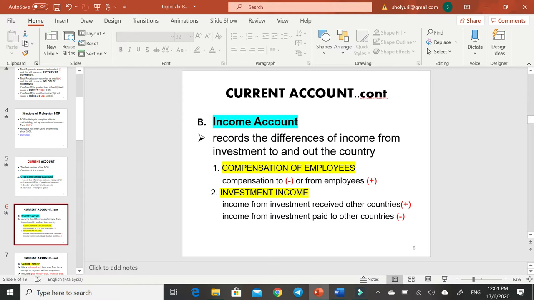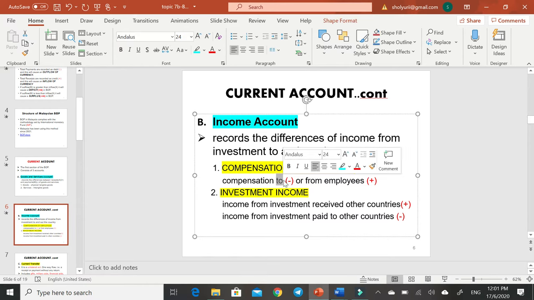Domestic to national, mean that we are looking for the production of Malaysian citizen only. So the thing here, maksud compensation of employee is in regards of the foreigner who live inside our country and our citizen who live outside of the country. If it said compensation to, dibayar kepada, okay, so this one we will record as negative.